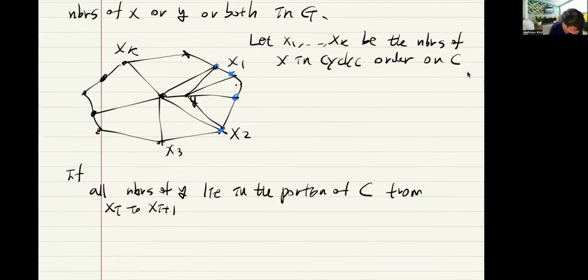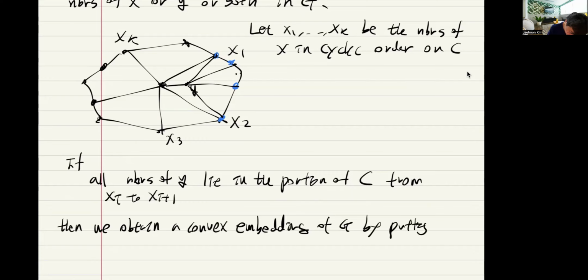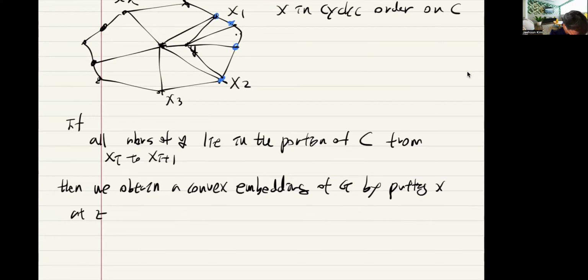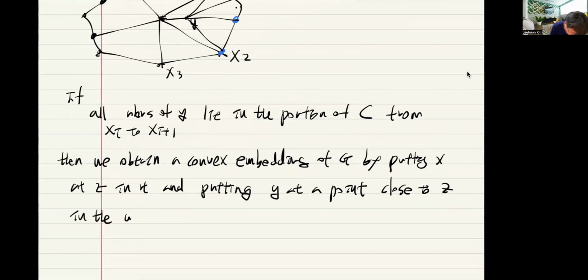That will give us a convex embedding of G by putting x at the position of g in H and putting y at the point close to g in the wedge formed by x xi and x xi plus 1.